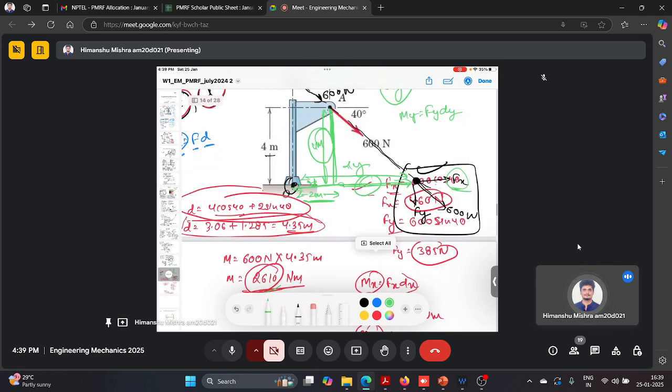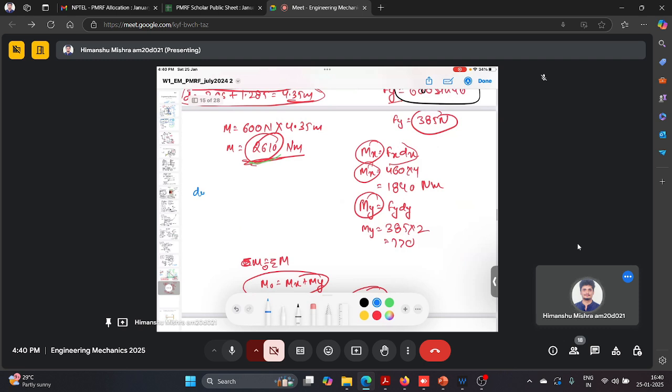Let's say this is my angle, angle 40, and let's say this is my x1. So my x1 will be 4 cot 40. So this perpendicular distance dy will be 2 plus x1. So dy is 2 plus 4 cot 40. So let me calculate dy first.